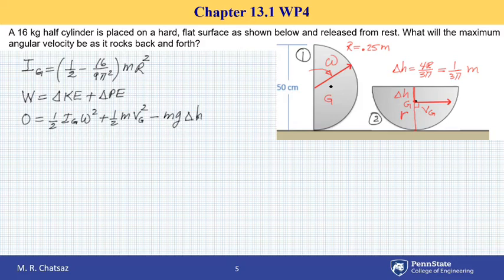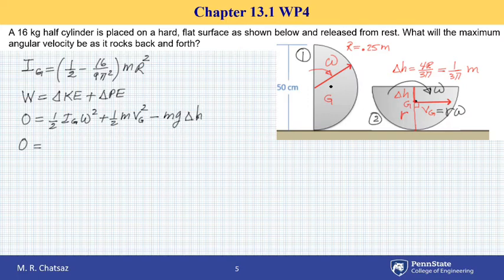Assuming that motion occurs without any slippage at the point of contact, then I can say velocity Vg equals lowercase r times omega of the object, which is the angular velocity. So if I refer to the equation that I've written, the two unknowns omega and Vg can be reduced to one unknown if I apply Vg in terms of r omega. So let's do so.